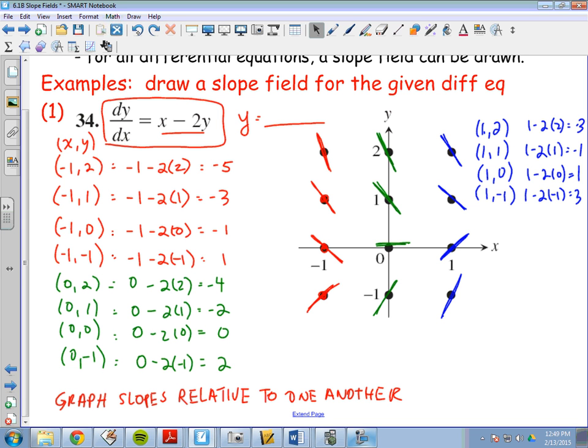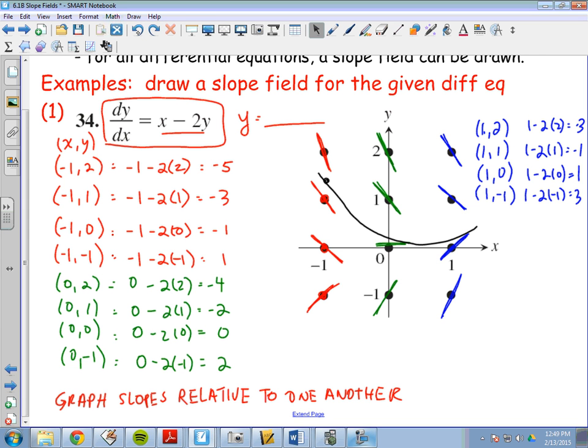If I put a point right here, then as I went left to right, it would follow these slopes. That's the whole goal of a slope field.